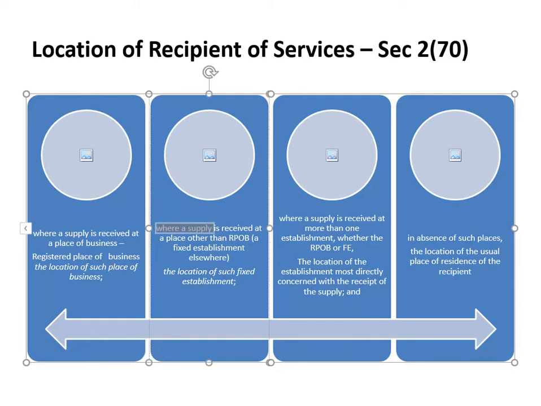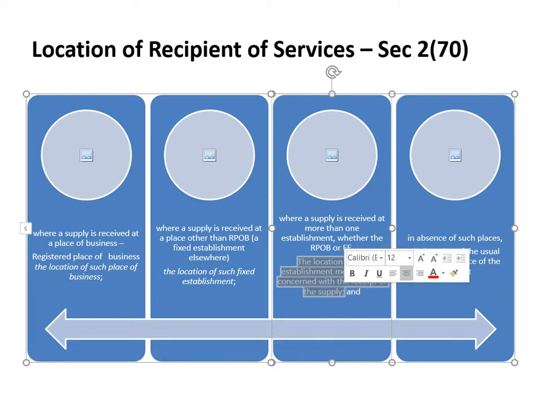Now, where the supply is received at a place other than the registered place of business, at a fixed establishment or elsewhere, then the location of such fixed establishment. Now, where the supply is received at more than one establishment, whether the registered place of business or a fixed establishment, then the location of the establishment most directly concerned with the receipt of the supply shall be considered the location of the recipient of services.